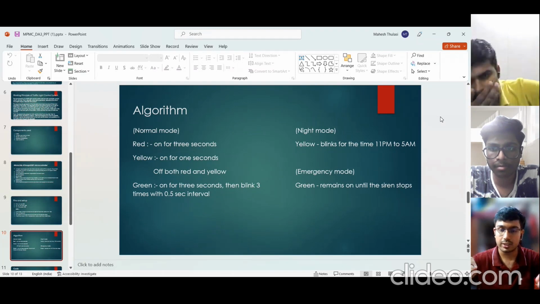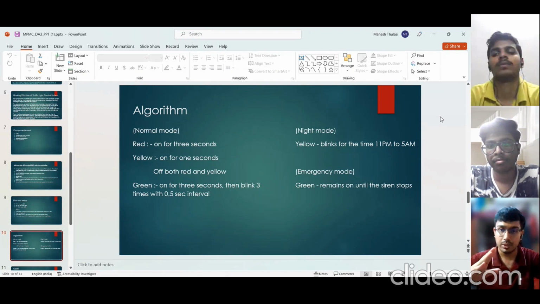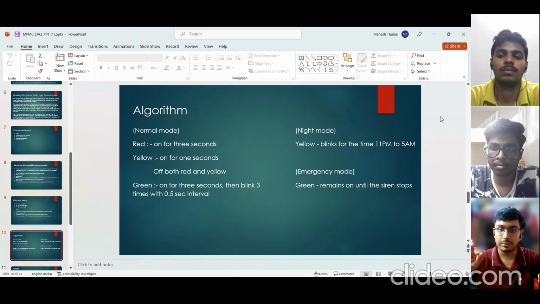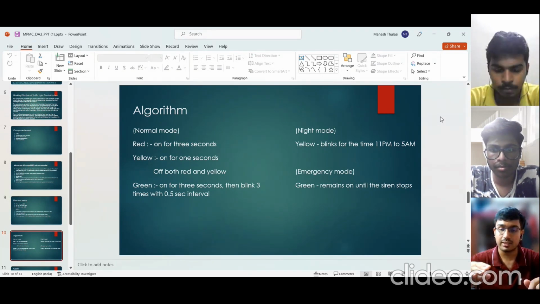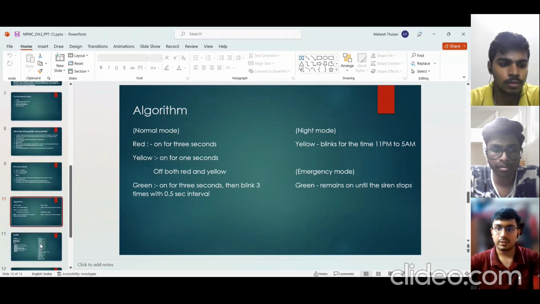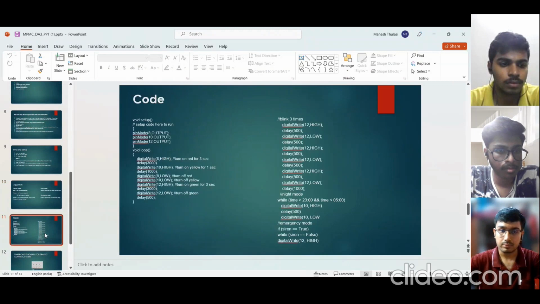Now proceeding to night mode, there is a small difference, where the yellow light only blinks from 11 p.m. to 5 a.m. And emergency mode is basically where the green stays on until the siren stops. Now let's move forward to the next one.